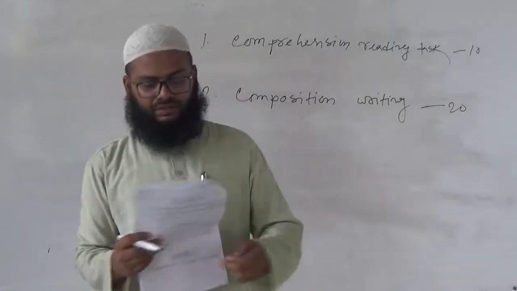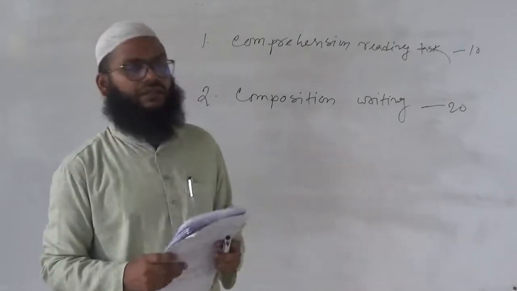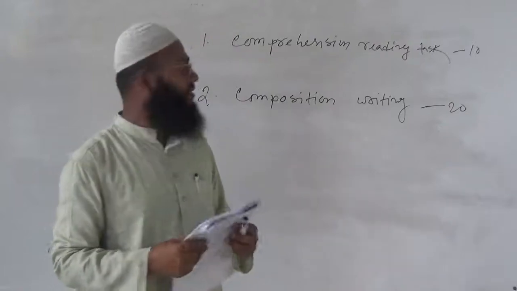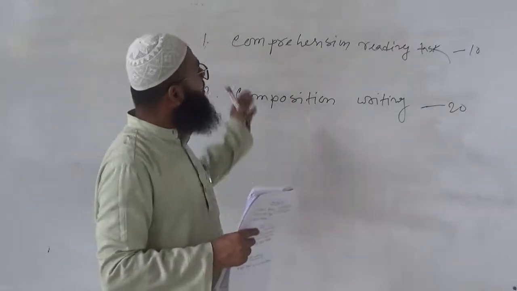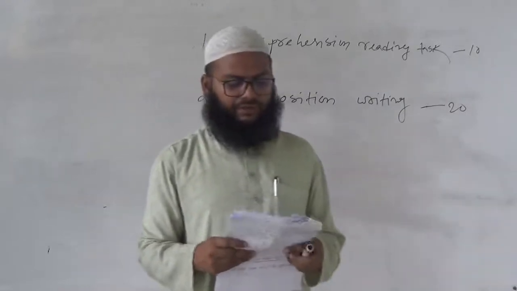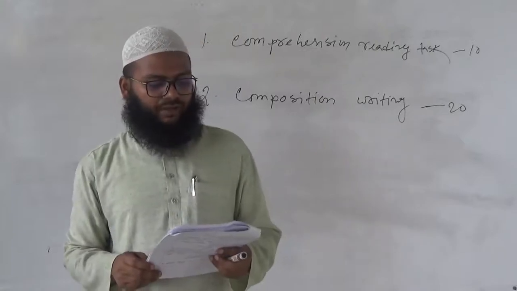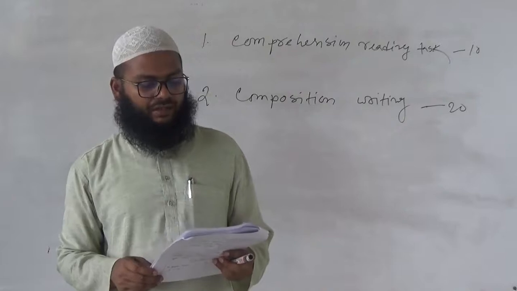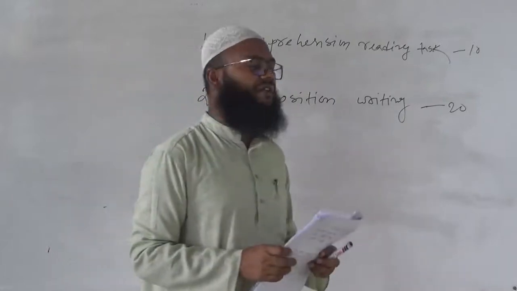In English, in the last semester we had comprehension that was taken from your textbook, but in this semester you will get comprehension that is not selected from your textbook. It can be taken from contemporary journals, editorials of newspapers, or any online resources.